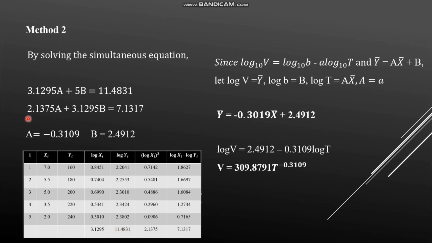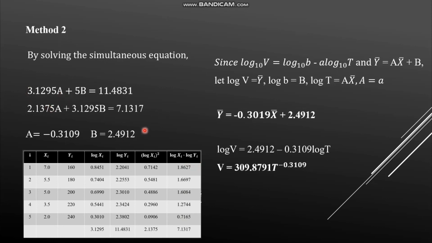To get the second equation, we get this value 2.1375 by using the sum of the square of log Si, and this 3.1295 is the sum of log Si, and this value is the sum of log Si times log Yi.